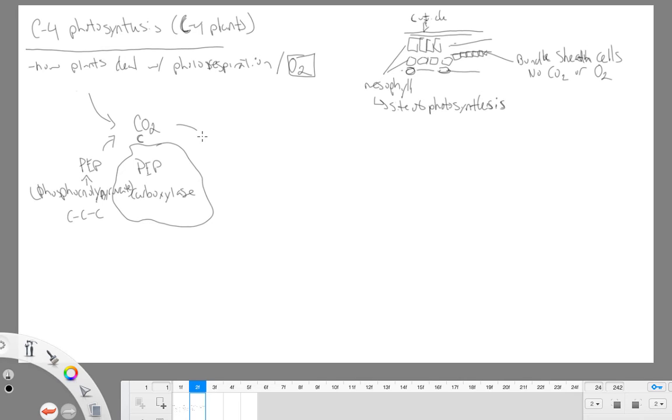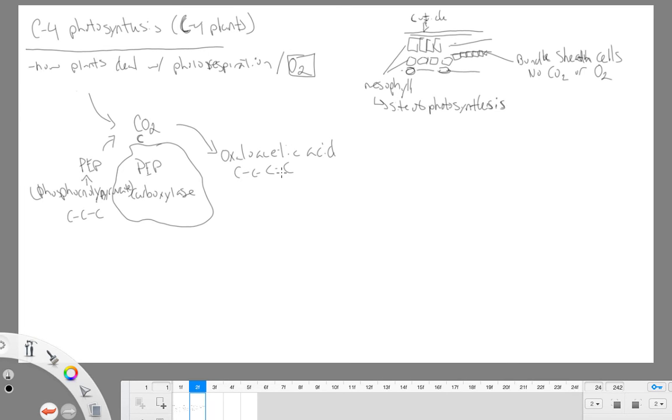And the first thing that is produced in this process is a 4-carbon molecule called oxaloacetic acid, or oxaloacetate. Right, that's the first product of this, and that is a 4-carbon one.